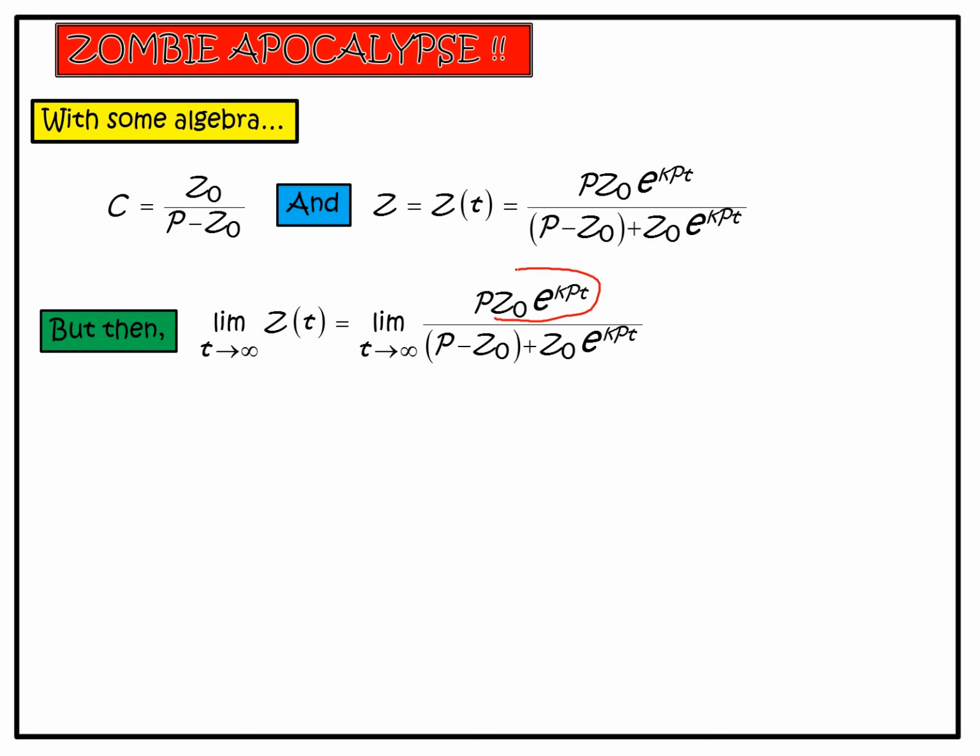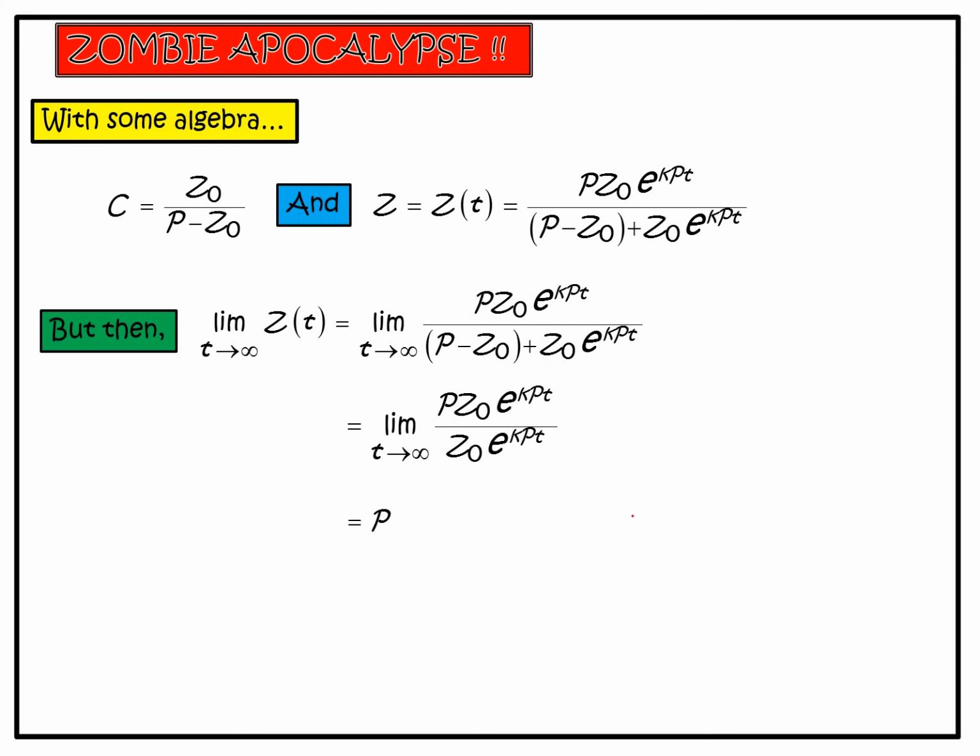Well, both this piece here is going to infinity, and this piece is going to infinity. So this thing looks like infinity over infinity. So you could look at just the dominant terms there, or you could use L'Hopital's rule. Let's just consider the dominant terms here. So this will then equal the limit of p z0 e to the kpt over z0 e to the kpt. And then look, these guys cancel, and these guys cancel, and we're just left with p.